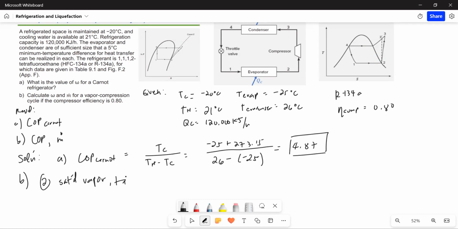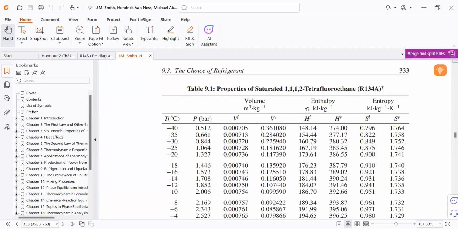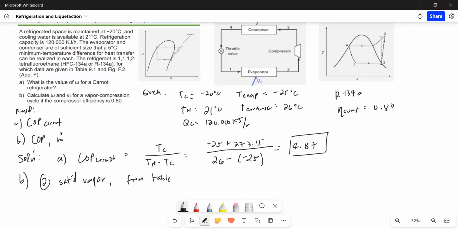So we use the table, saturated properties of tetrafluoroethane in SI units. By the way, we first should identify the temperature at point 2. That's the evaporator, it's negative 25. So the temperature is negative 25 degrees Celsius.